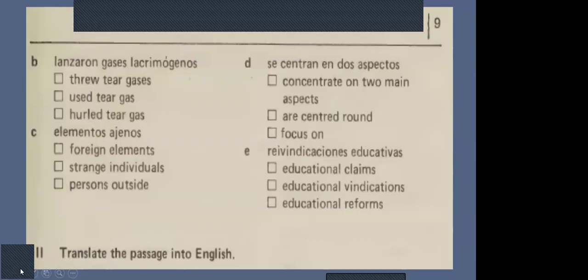Why not hurl tear gas? Because to me, hurl tear gas is possible too, but it's not as common, I think. And remember, we have to sound natural every time. So the more natural, the better our selection is. So definitely throw tear gas. What about elementos ajenos?